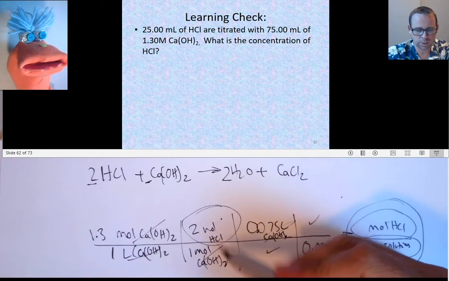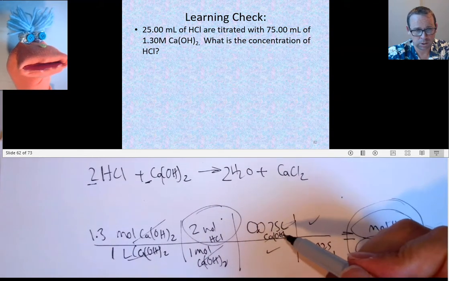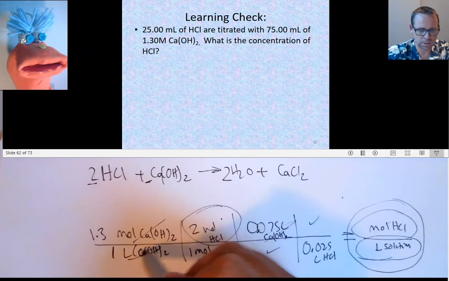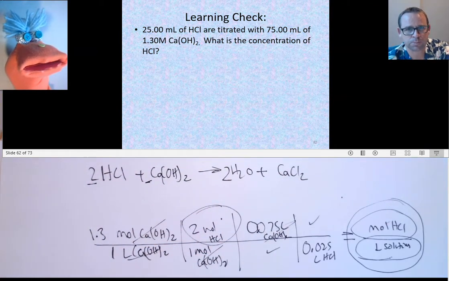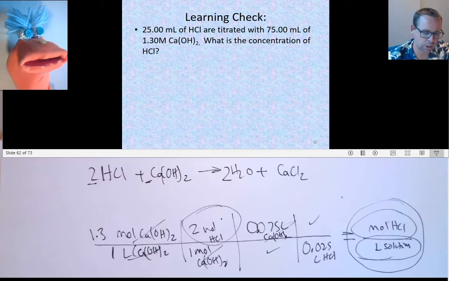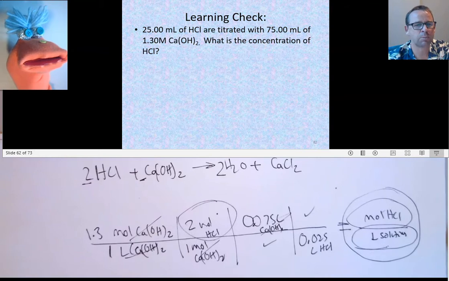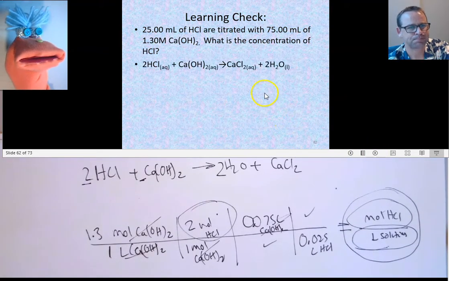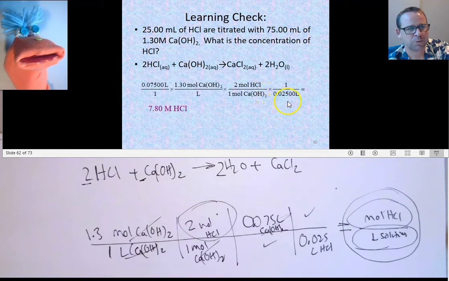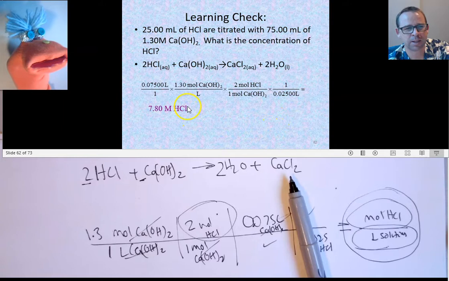If we just need to get rid of these liters of material, we can do that by multiplying by liters of the material that we used. All right, very good. So our answer should be 1.3 times 2 times 0.75 divided by 0.025. Okay, so 7.8 molar HCl. So we did a titration reaction where we identified the concentration of the HCl from the results of a titration.